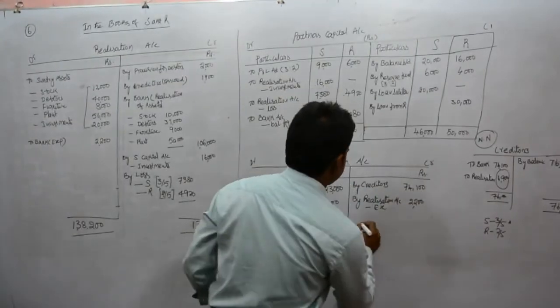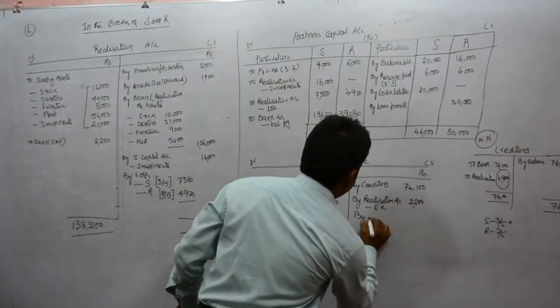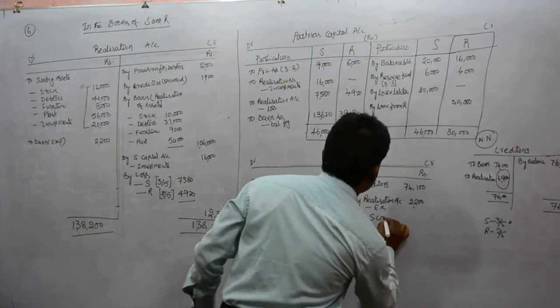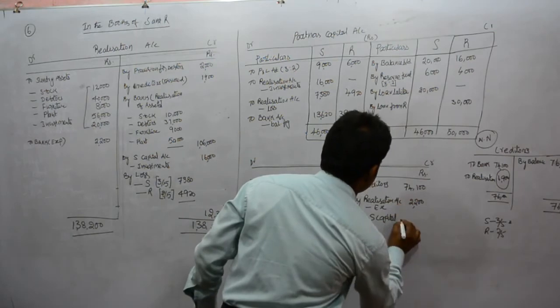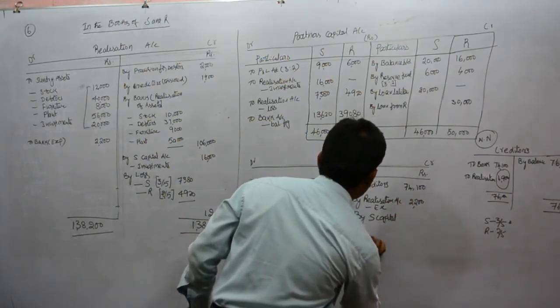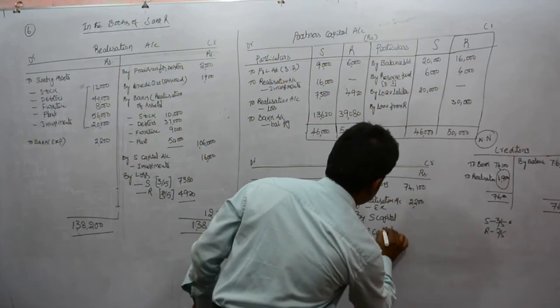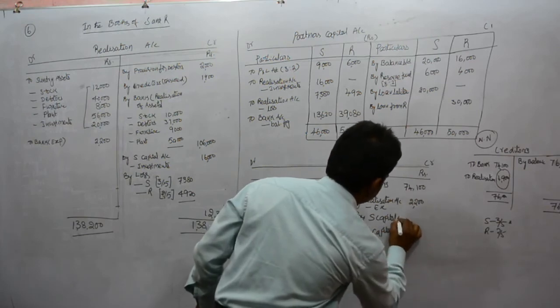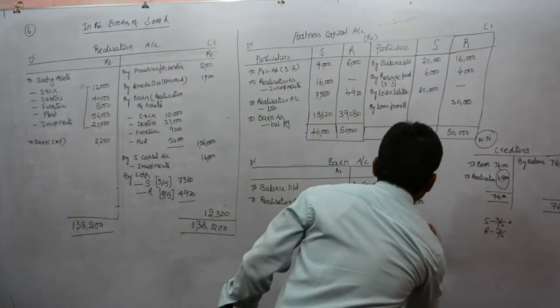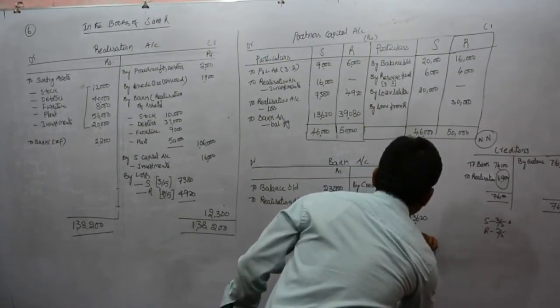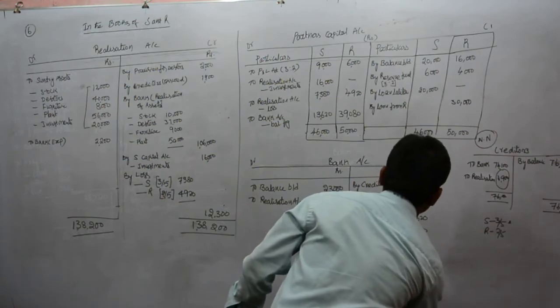These are the final figures. So by S capital account 13,620, by R capital account 39,080.